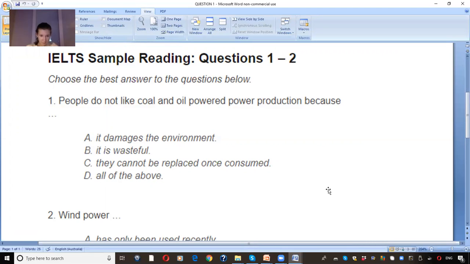Now, we just go back to the article, and I think from memory, it was pretty obvious which one it was. One of the things we have to be careful about when answering this is that we have to answer the questions as per the article we read, not what we think ourselves, or our opinion, or what we might know.